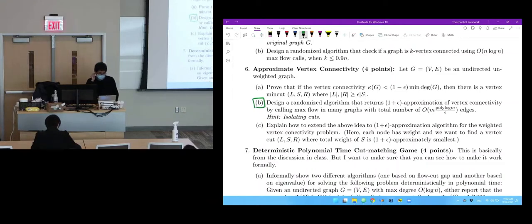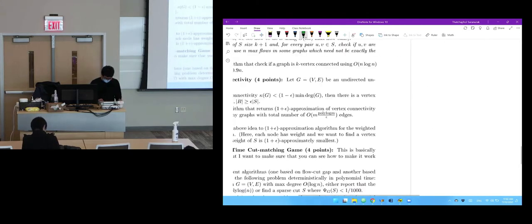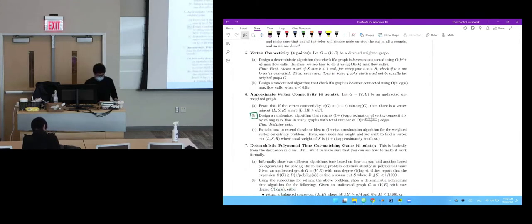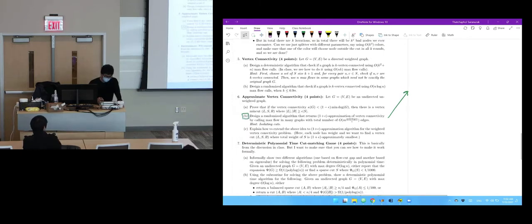Okay, so 6B. The first thing about 6B is that we need to say that there is a subroutine similar to the isolating cut just discussed in class, but for vertex cut.